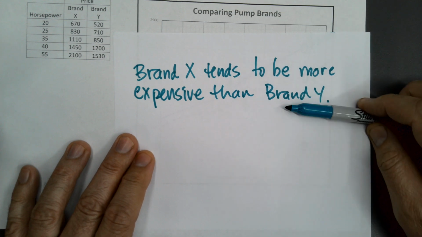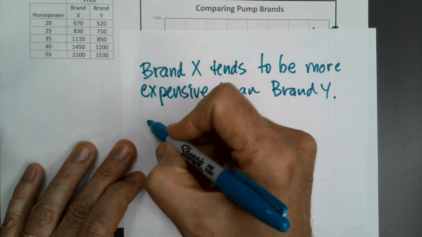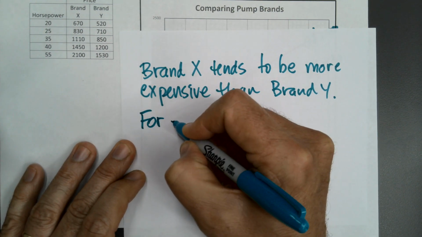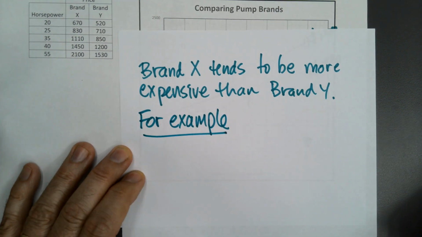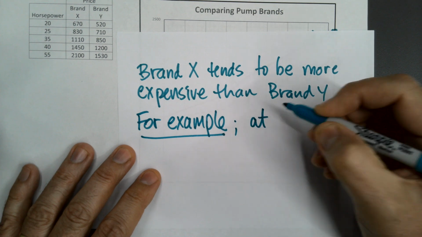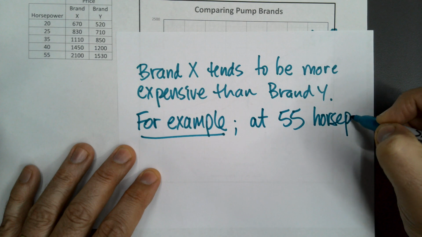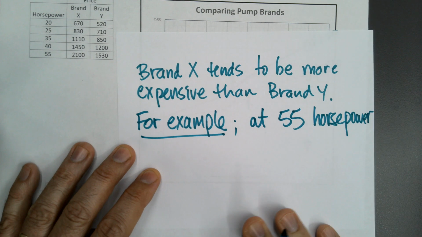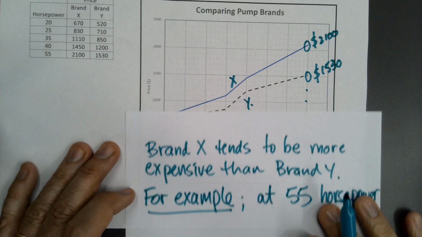Once you've done that, you need to back it up with something. Now here's a classic sentence starter. For example, at 55 horsepower, this is what's happening there.